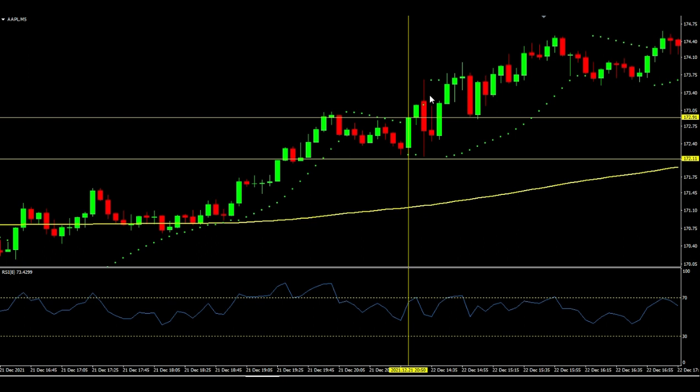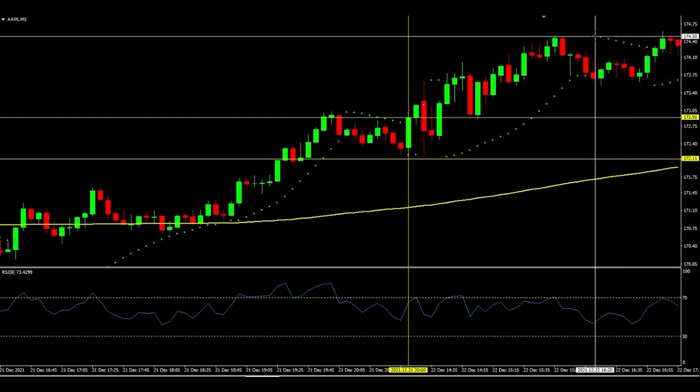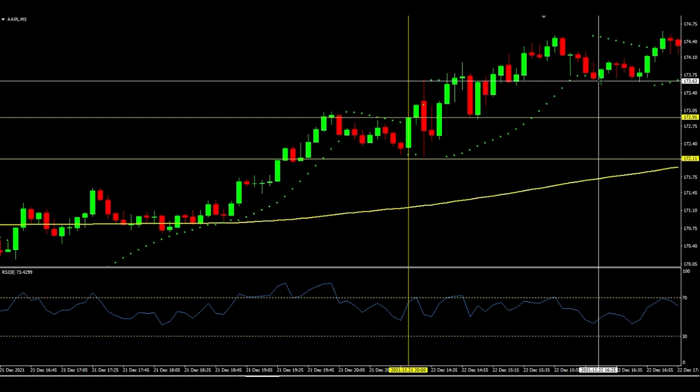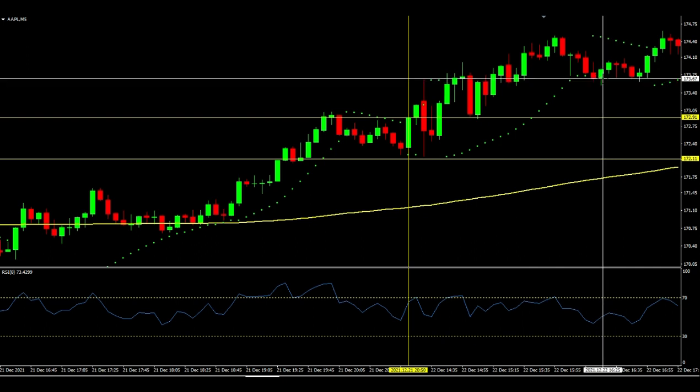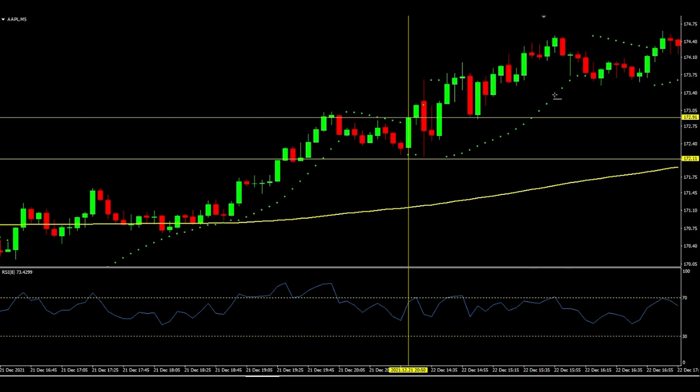So we're going to wait until we see where to exit. At this point where you have this dot, we're going to close our trade at the open of this new candle, this green candle.